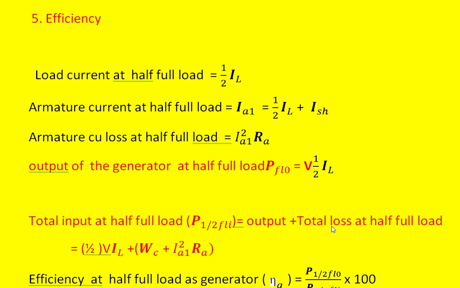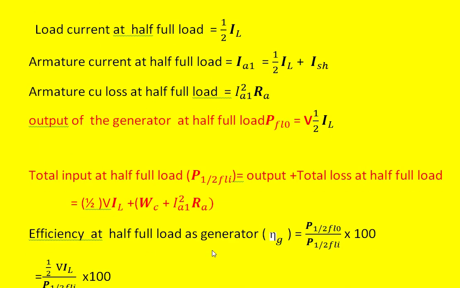We know the output, we know the losses, so we can calculate the input power to the generator at half full load, P half FLI, that is output plus total loss at half full load. So that is half into V into IL, plus the total loss, which means the constant loss plus the half full load armature current whole square, that is Ia1 square into Ra.